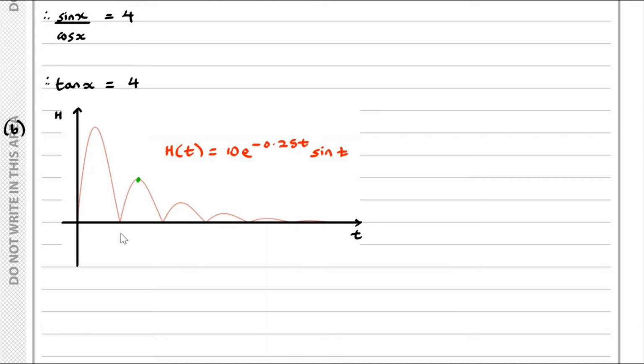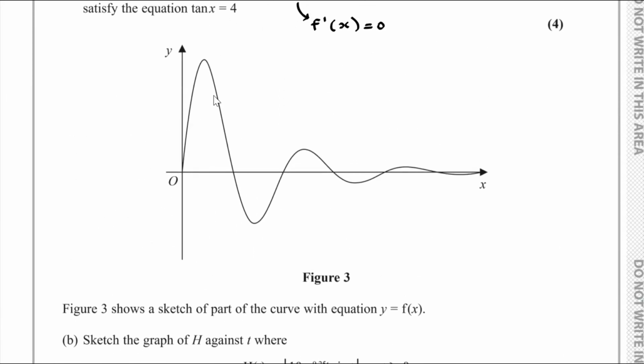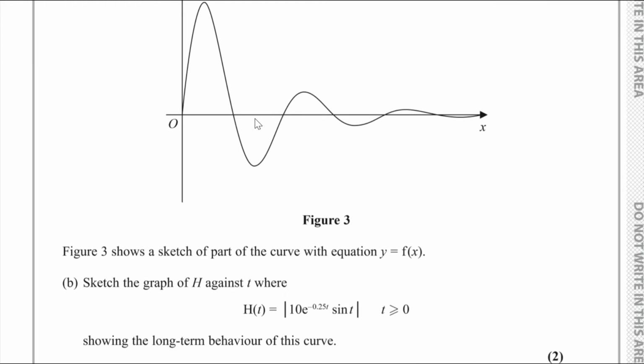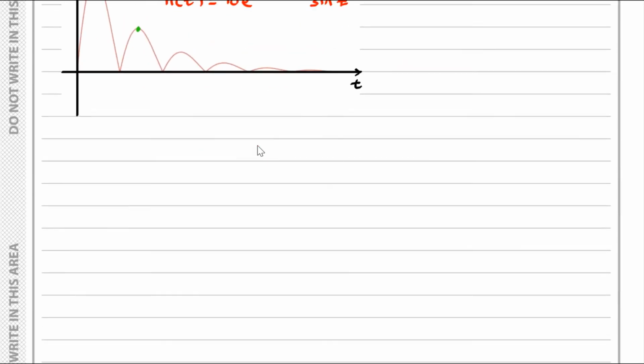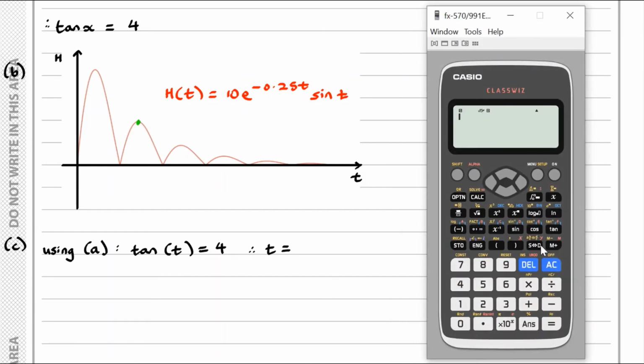So we already know that the turning points of the graph from part A are given by tan x equals 4, and those are the x coordinates of the turning points. So using part A, for part C, we have tan of t equals 4, and therefore t is equal to, well, here we have the inverse.